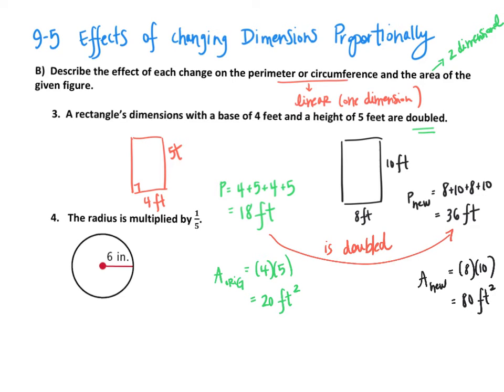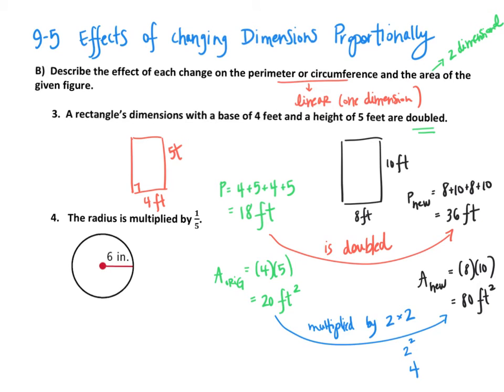So notice, how does it change the area? Well, it's not just doubled, it's multiplied by 2 times 2, since both dimensions were doubled. And so it's really multiplied by 2 squared, which is 4.